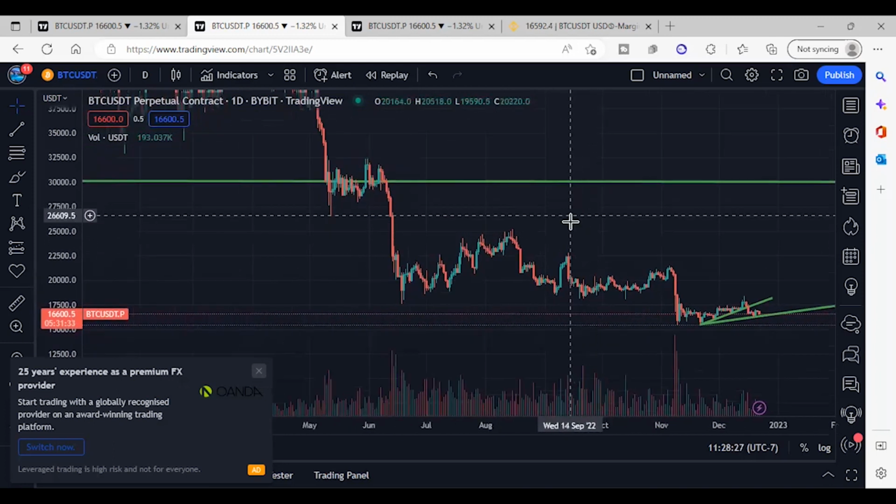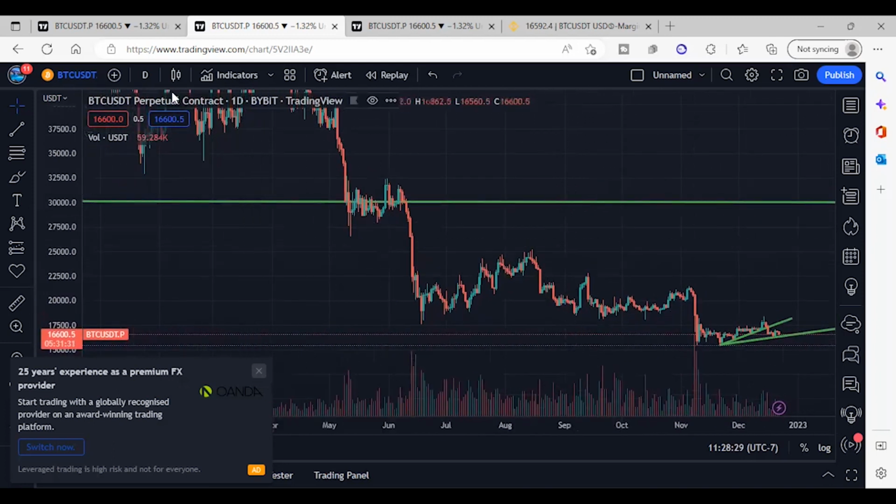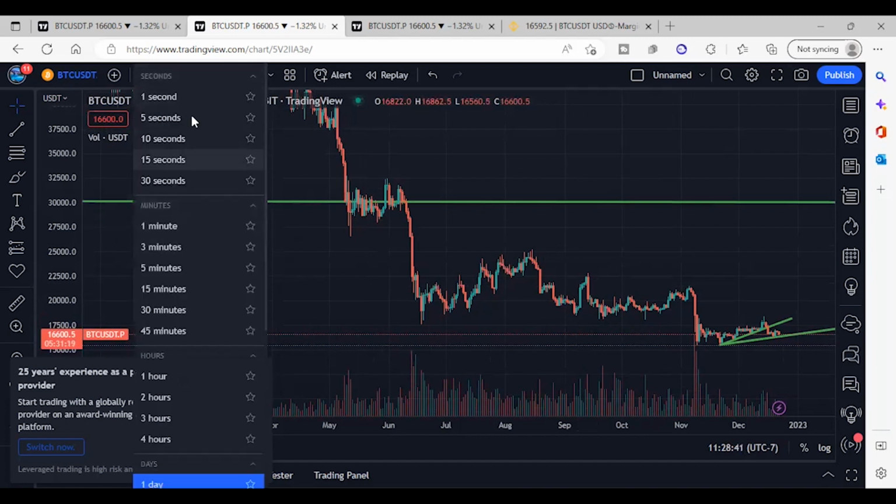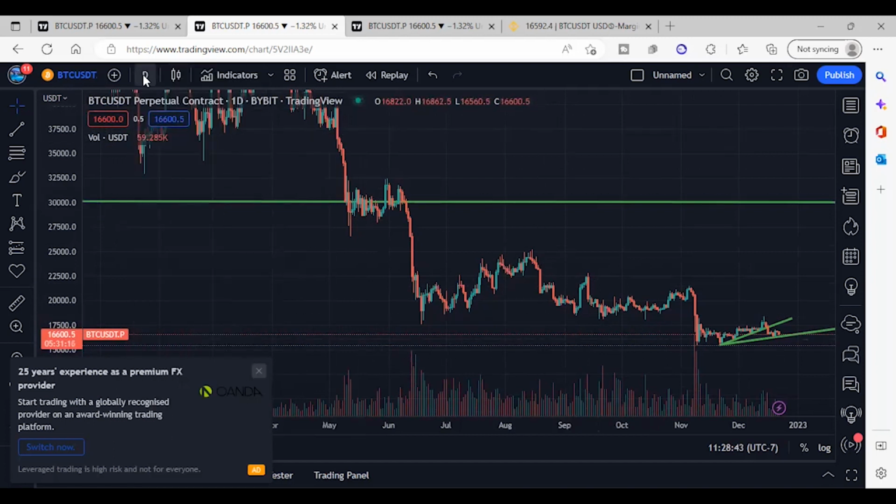Here's the thing though. Remember, when you are looking at the chart of a cryptocurrency, the chart is going to look different depending on what time frame you're looking at. If you go to the top left, you see D, that is the 1 day.